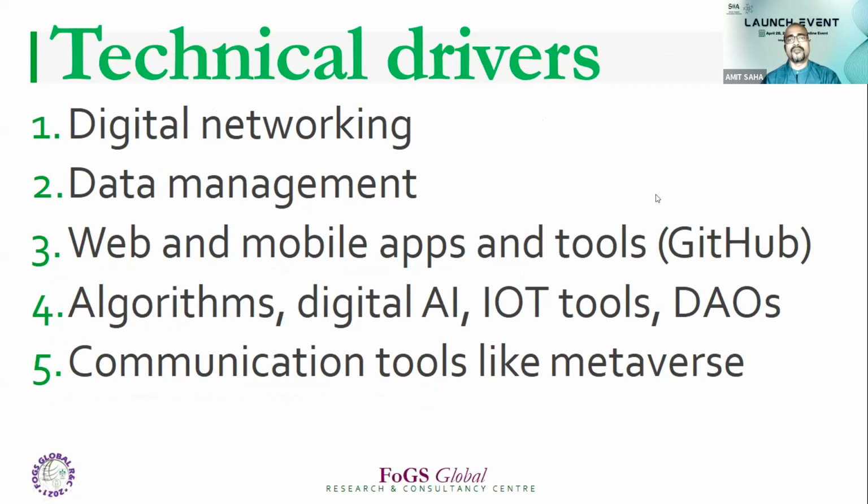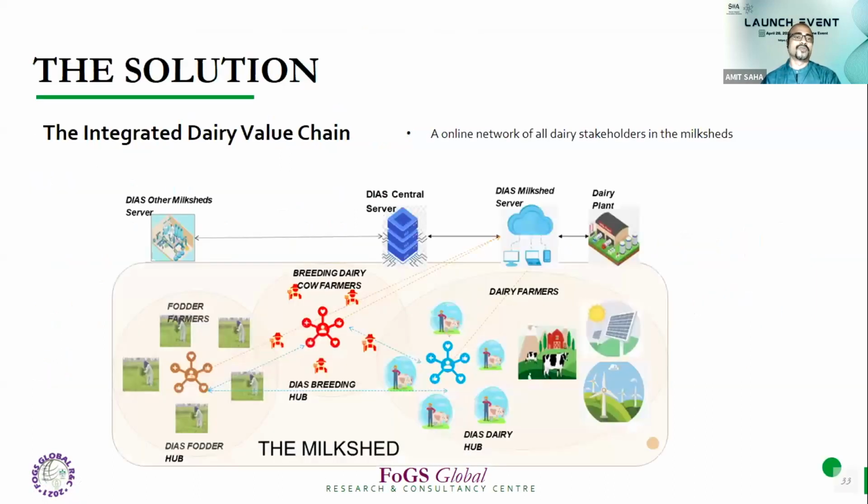That is very important, especially GitHub, which I think is already there in SIIA, that we use. And then another area is digital AI, IoT tools and DOs. These can be used to the maximum extent, and communication tools like metaverse, especially with virtual reality, are also there to be used.